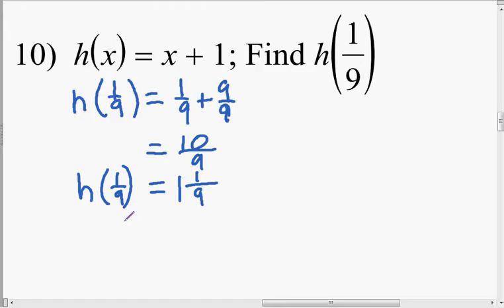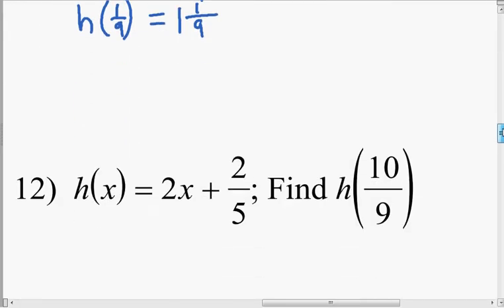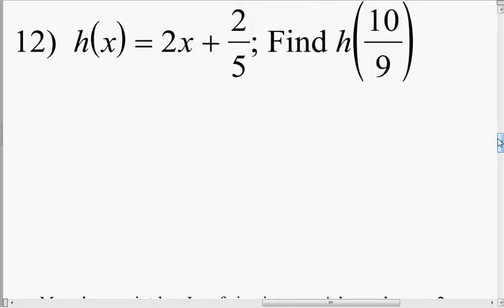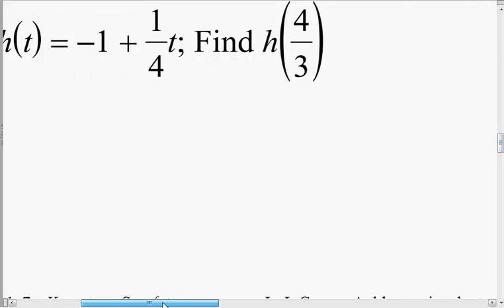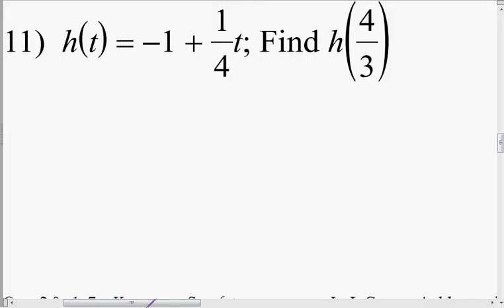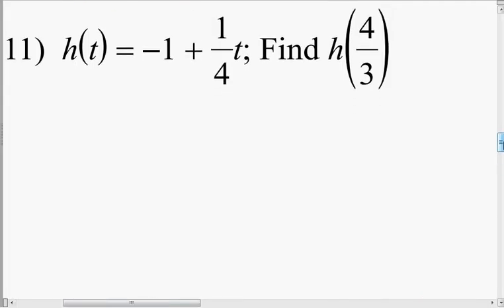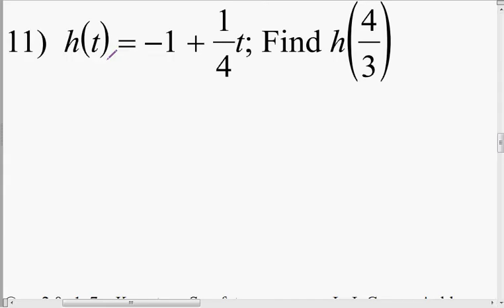Take a quick minute now and see if you can do problem number 11. Okay. Pause the video. If you can answer, come back, you can check that answer. Okay, I was in now 4 over 3.